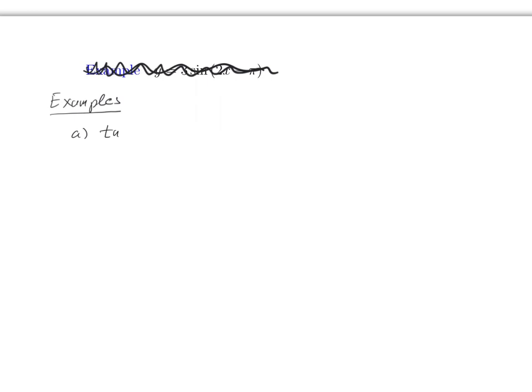They ask you to simplify tangent of sine inverse of 3 over 4. Notice that this part essentially is just the angle theta. Okay? So therefore, you should do this on the side, and you say, well, if theta is equal to sine inverse of 3 over 4, that means the sine of theta has to be 3 over 4.